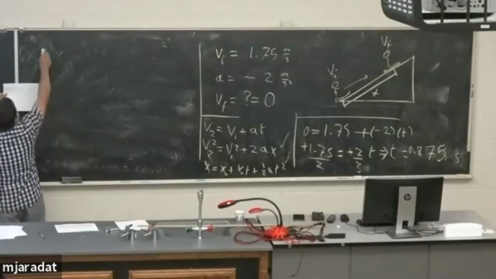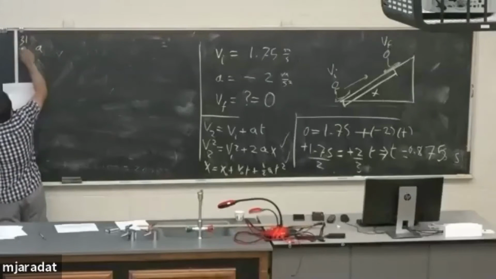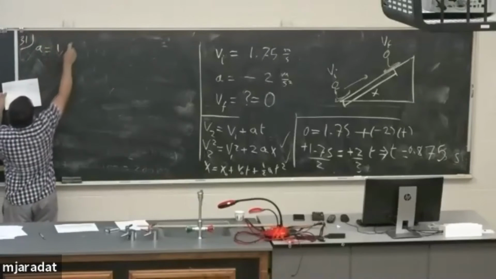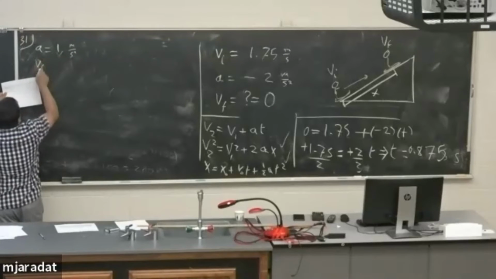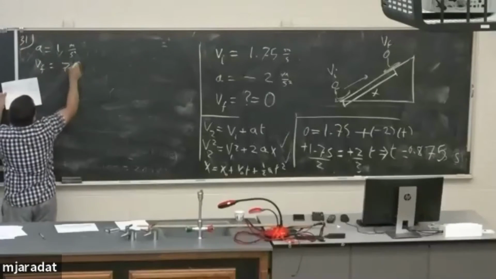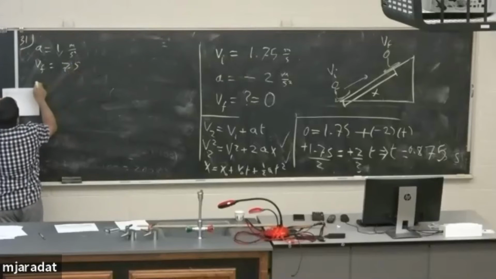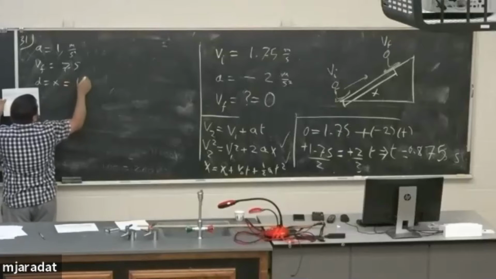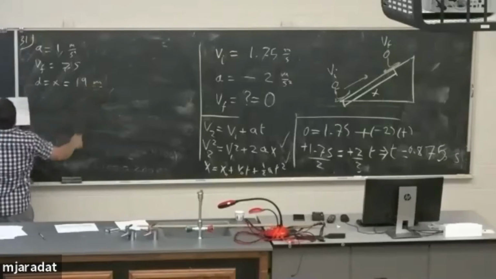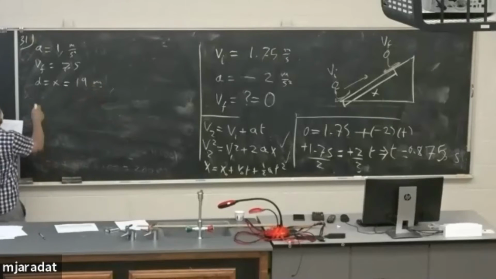What if we have the acceleration? The acceleration is equal to 1 meter per second squared. And we have v final, 7.5 with its units. And d, which is equal to the position change, which is 19 meters. Just meters. What is v initial?